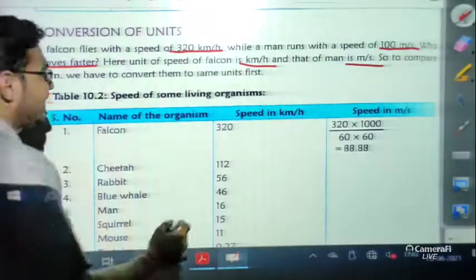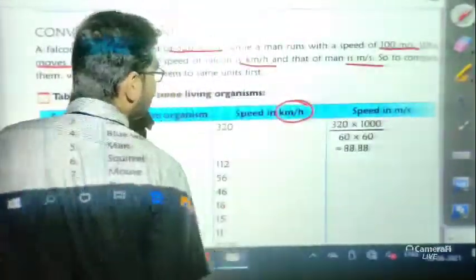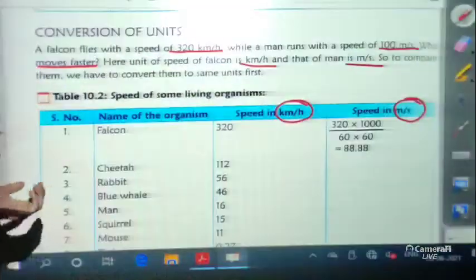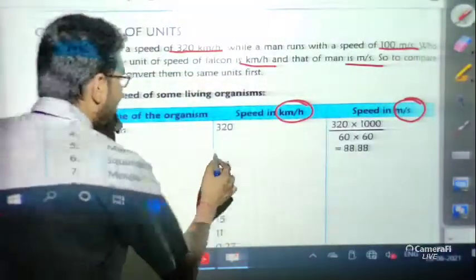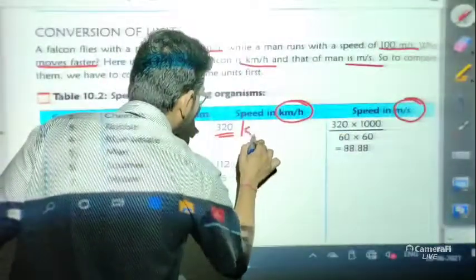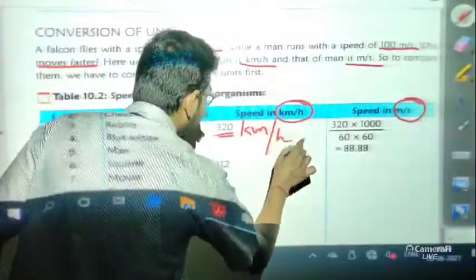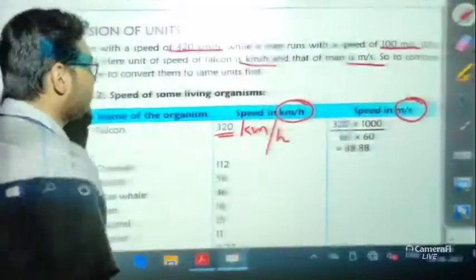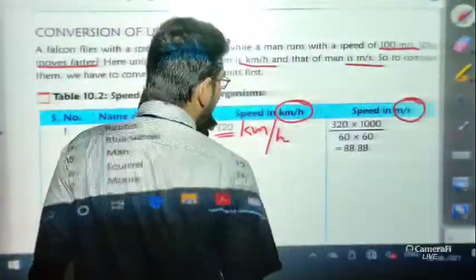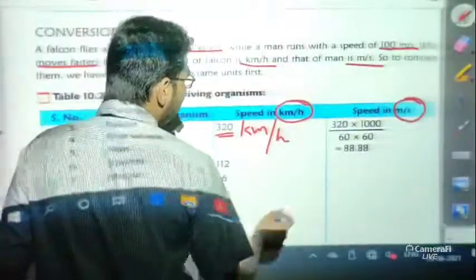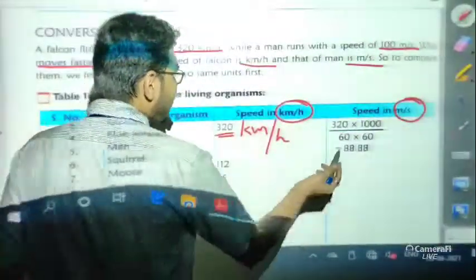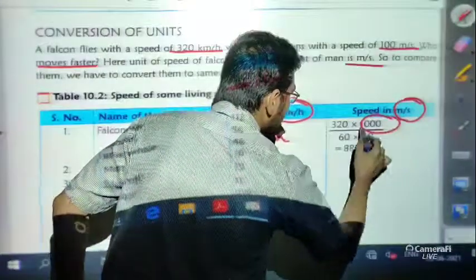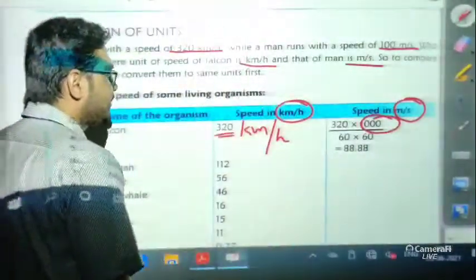The speed is given in kilometer per hour, so you have to convert it into meter per second. The speed of the falcon is 320 kilometer per hour. Now if we convert it into meter per second, 320 will be there. 1 kilometer is equal to 1000 meter, so we multiply by 1000.